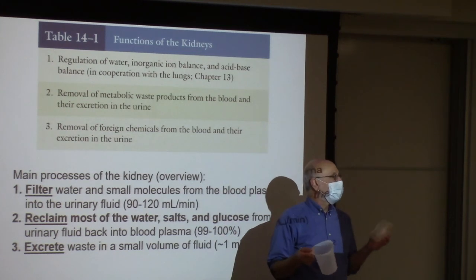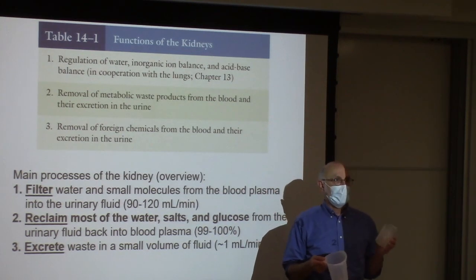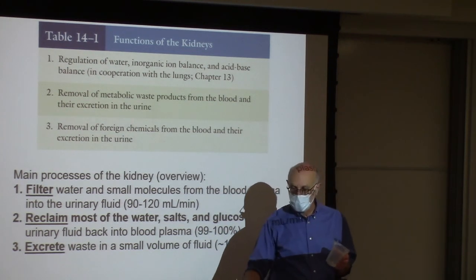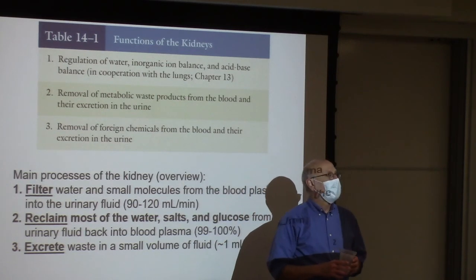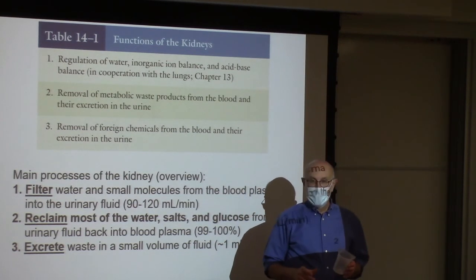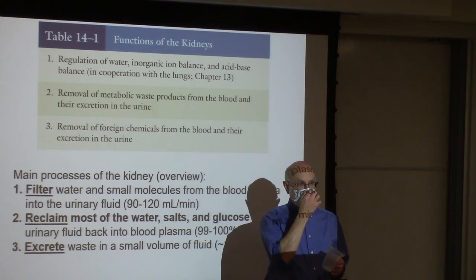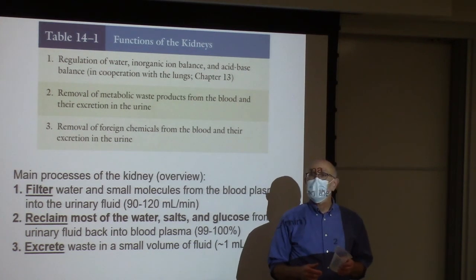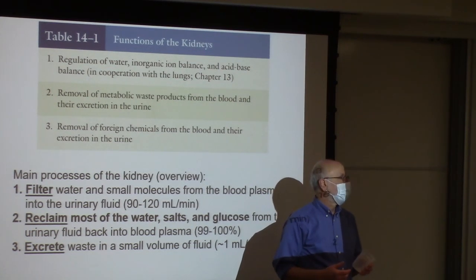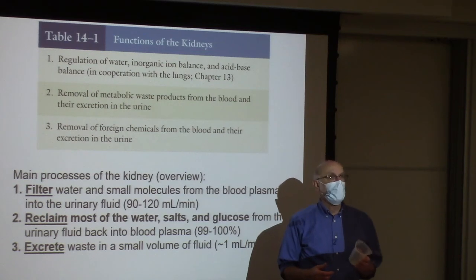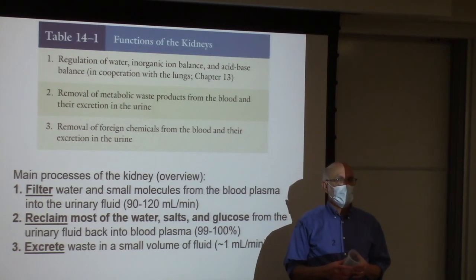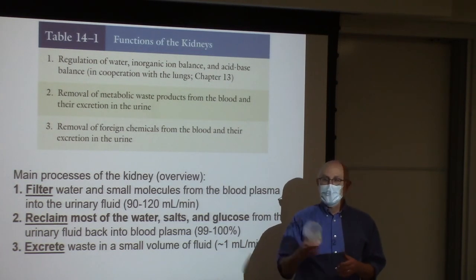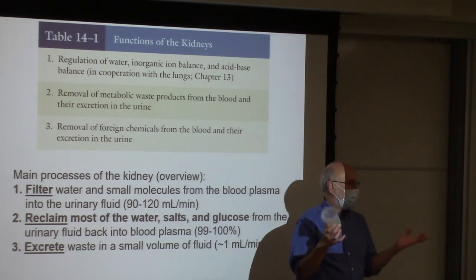Half of the blood is cells and half the blood is plasma, although it's closer to 40-60. The word there is hematocrit. Hematocrit is the official word for the proportion of blood volume that is red blood cells. So about 40% of blood is red blood cells, and the other 60% is plasma.